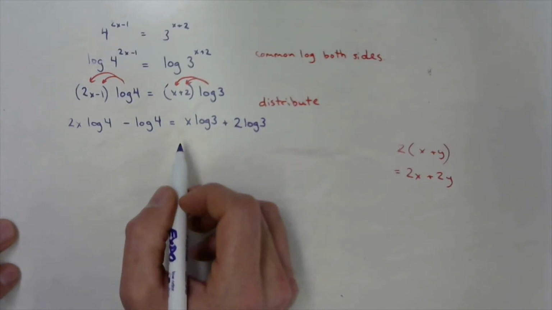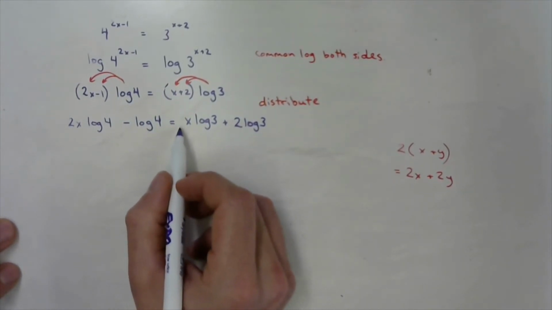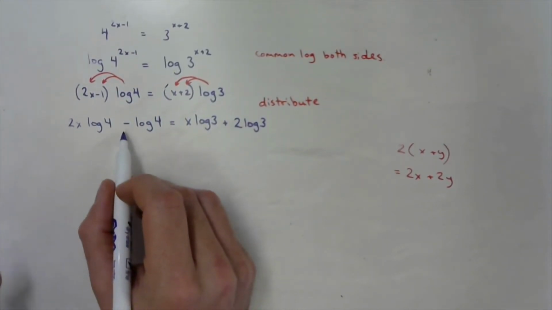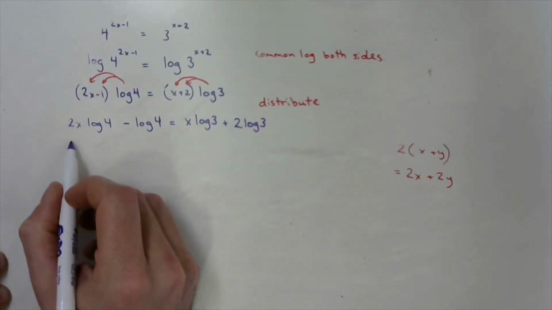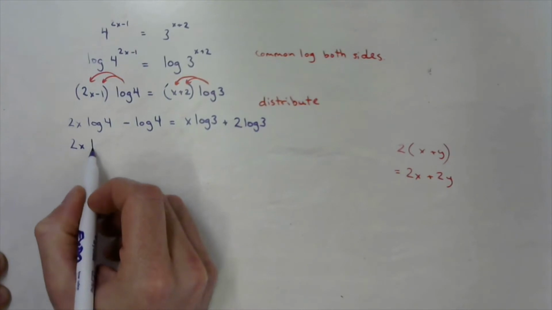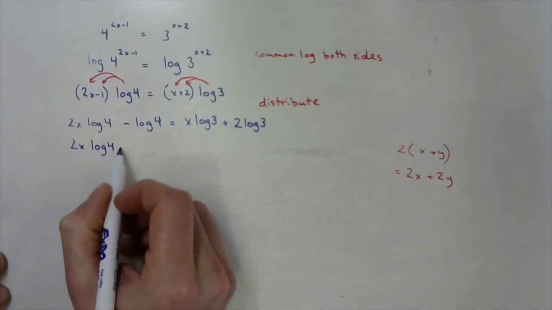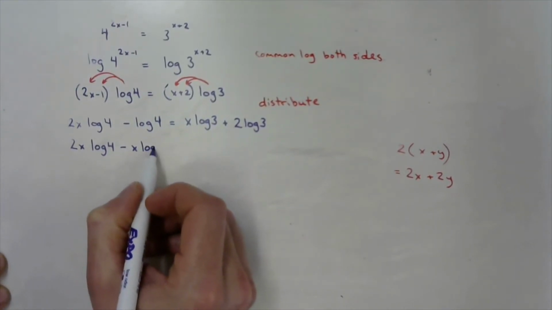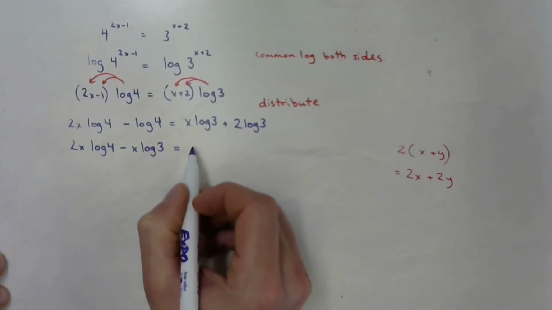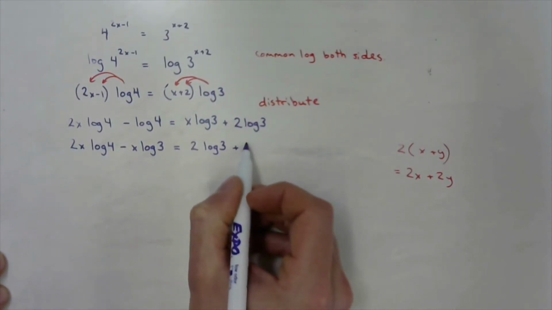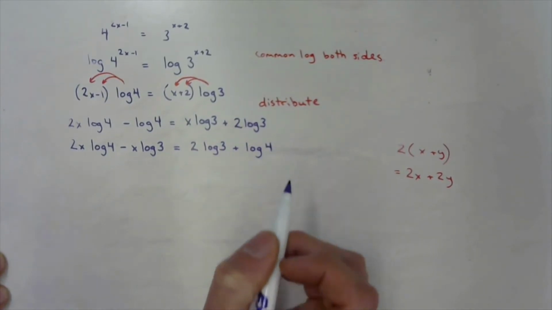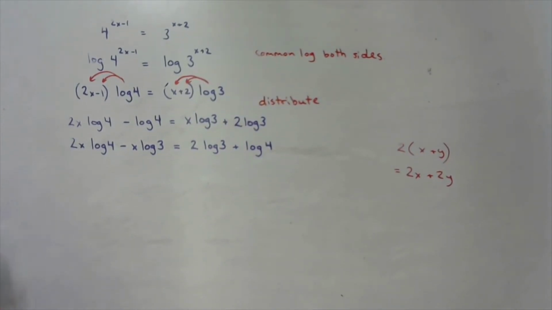You have log 3 x's. So we're going to subtract that from both sides, and at the same time I'm going to add the log of 4 to both sides. So on the left here we have 2x times the log of 4 minus x times the log of 3, and on the right we're going to have 2 log 3 plus the log of 4.